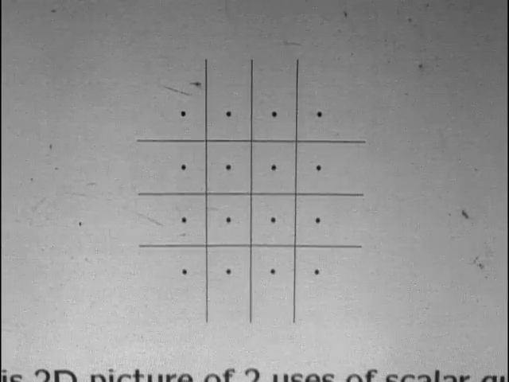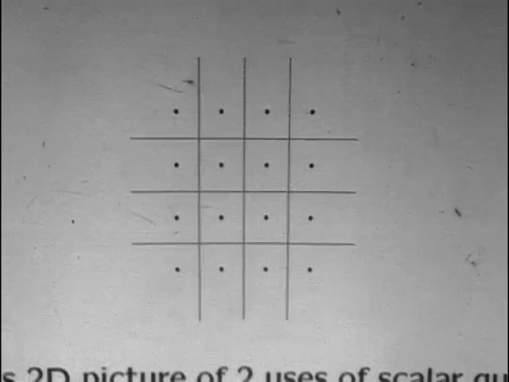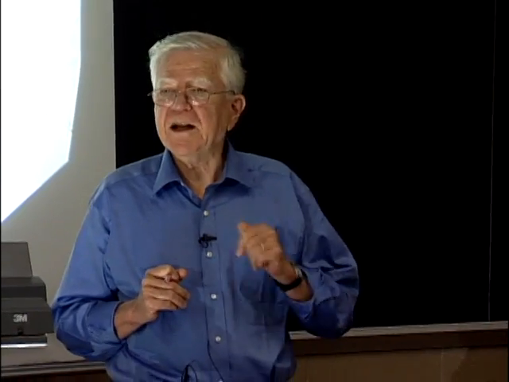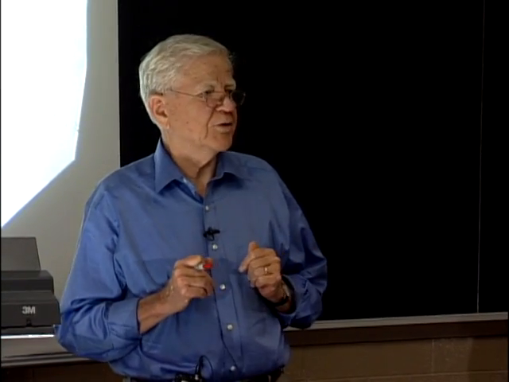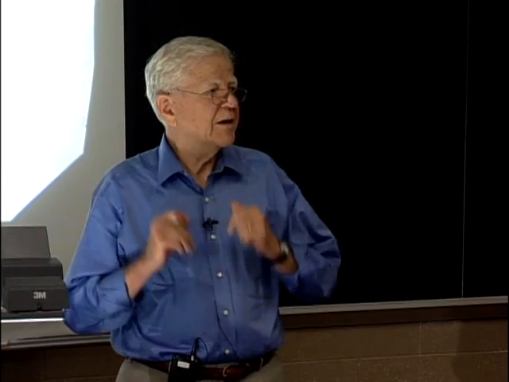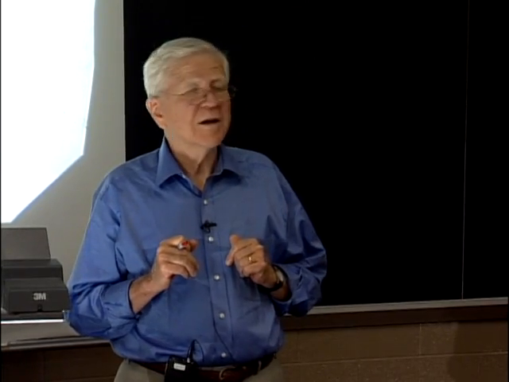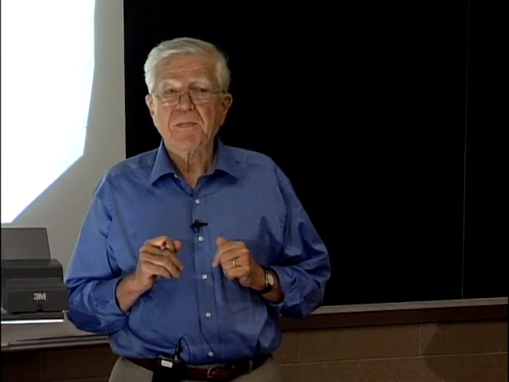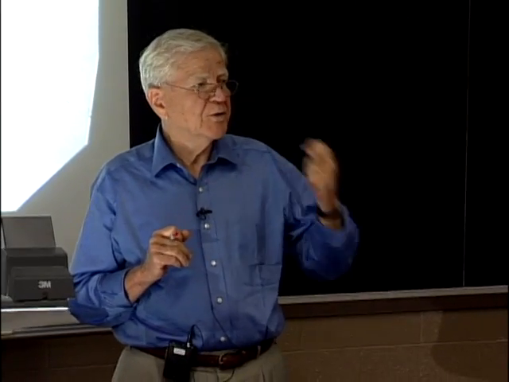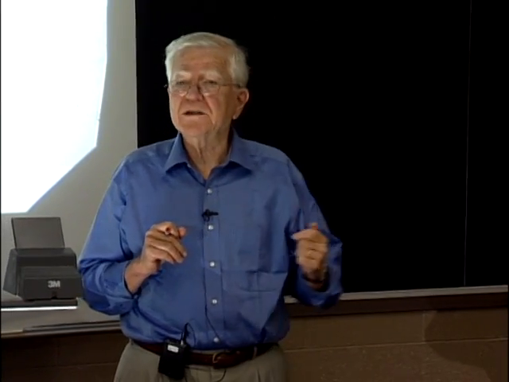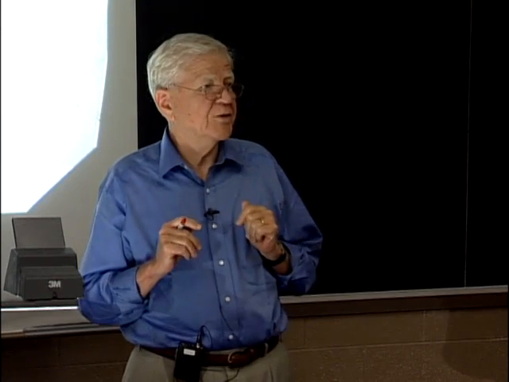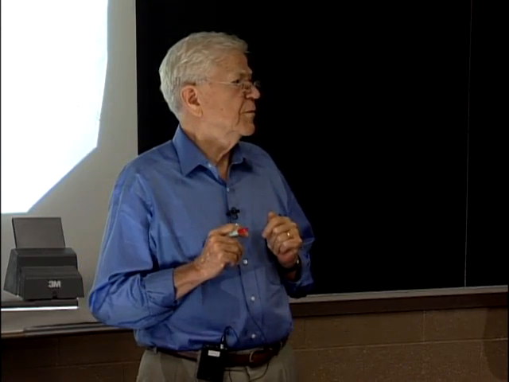Now, if you're a theoretician, you go one step further. And you say, what this tells me is that vector quantizers cannot be any worse than scalar quantizers, because in fact a vector quantizer in two dimensions has two scalar quantizers as a special case.